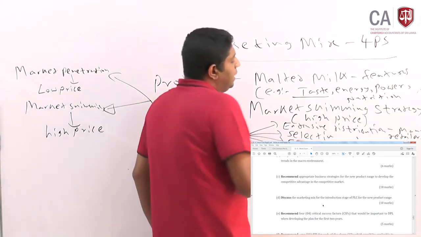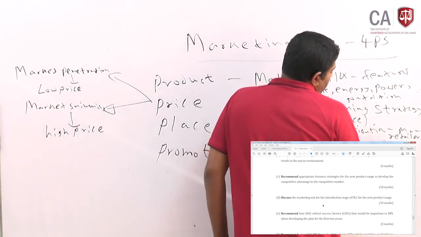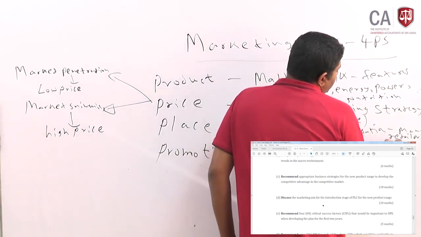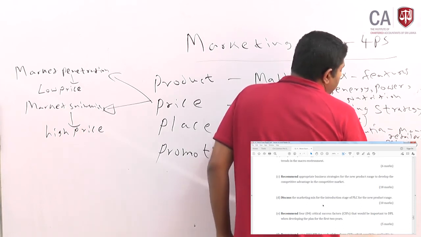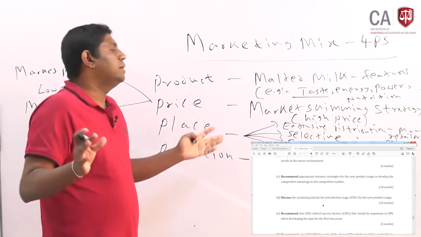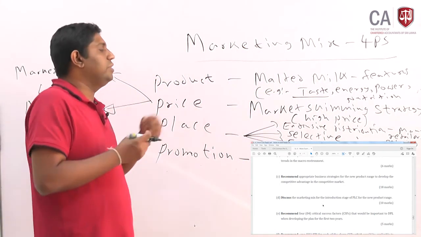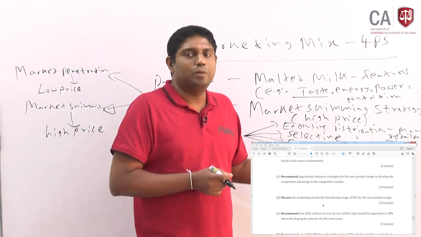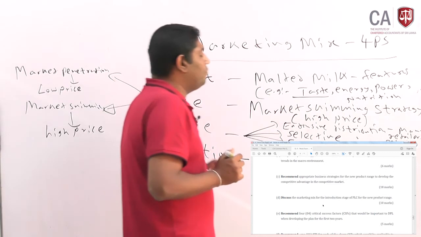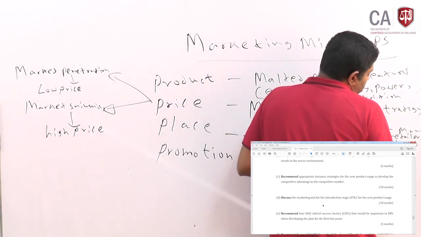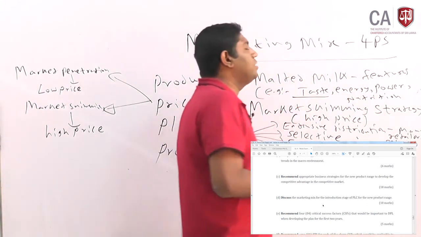Selective distribution means through selected retailers you are trying to sell the product. Not everywhere you can find this, only selected places, for example selected supermarkets. Then exclusive distribution means you appoint one party to sell the products, that is more appropriate with high value items.